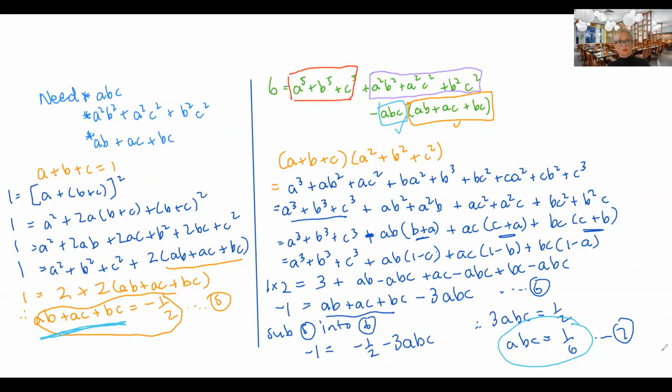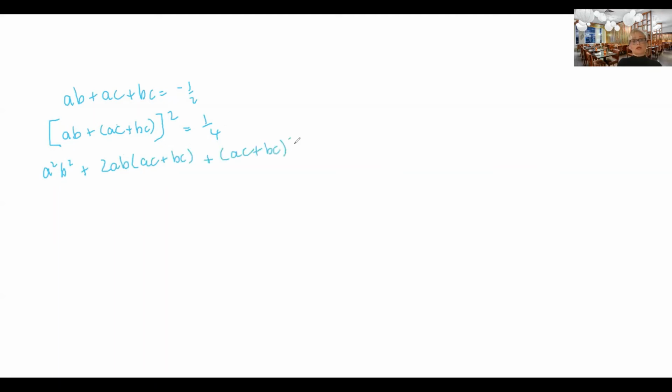We're going to have to turn the page yet again. So AB plus AC plus BC is negative 1/2. I'm going to square that. So that's obviously going to be 1/4. So we're going to get A squared B squared plus 2AB times AC plus BC plus AC plus BC squared equals 1/4.